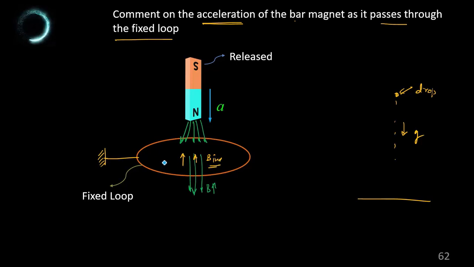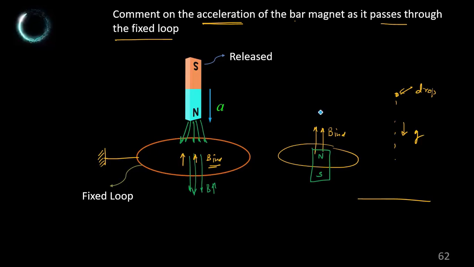From the loop's perspective, the loop is producing a magnetic field line which is away from the loop. So can I replace this entire loop by a permanent magnet, stating that the loop is behaving as a permanent magnet where this is the north pole and this is the south pole? Why? Because from the north pole the magnetic field lines are coming away.